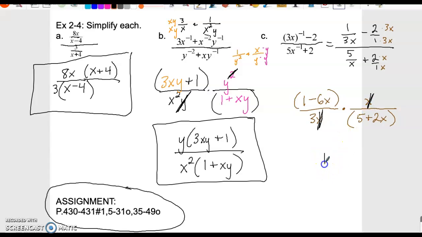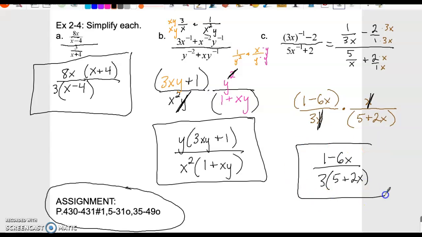So there's nothing else that's like. So what do I have? 1 minus 6x over 3 times the quantity of 5 plus 2x. And again, if you want to do the commutative property like 2x plus 5, that's fine. You don't have to. So as long as you simplify correctly, you will get full credit. Notice that your answer might not match the back of the book, but you could still be correct.